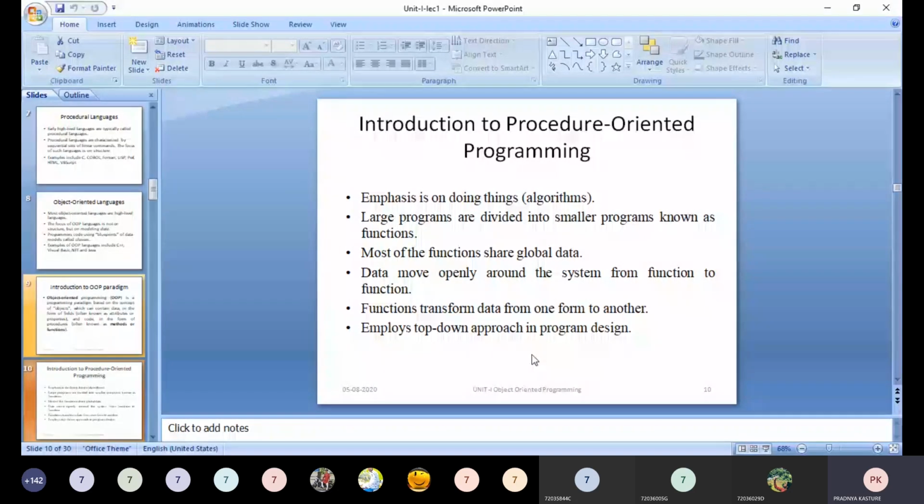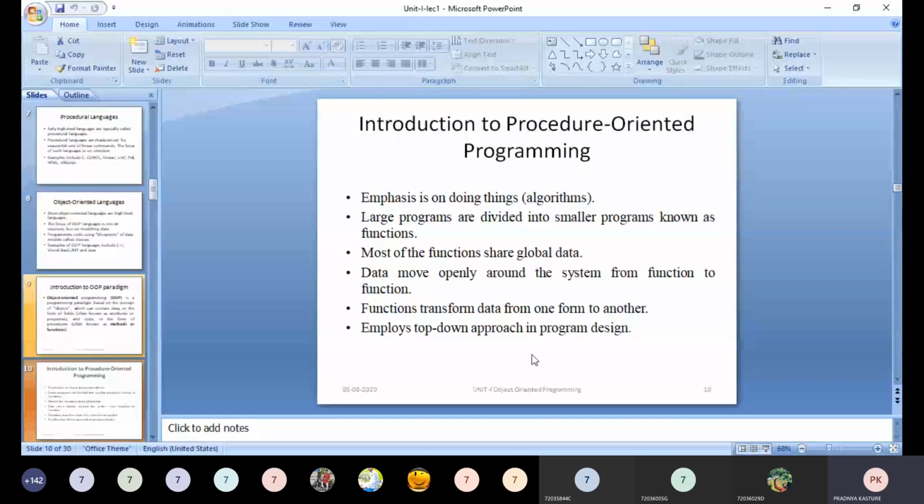Data moves openly around the system from function to function, so there is no chance of securing that data because it is moving freely from one function to another.